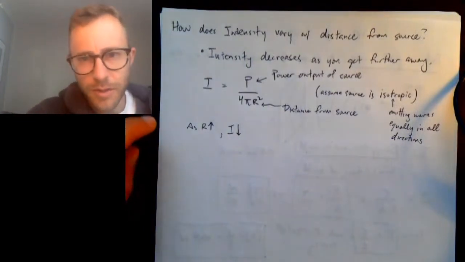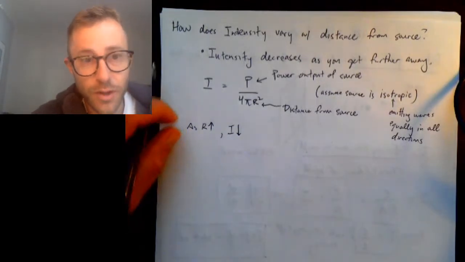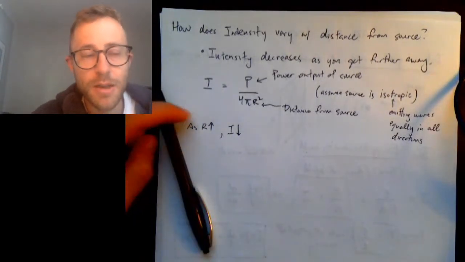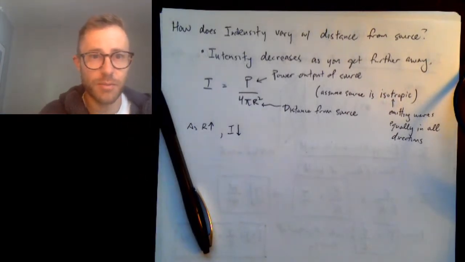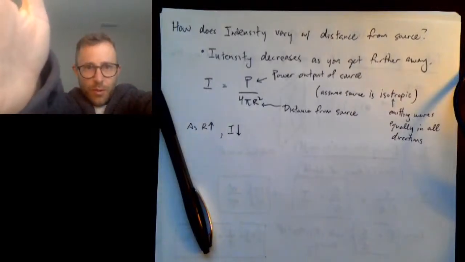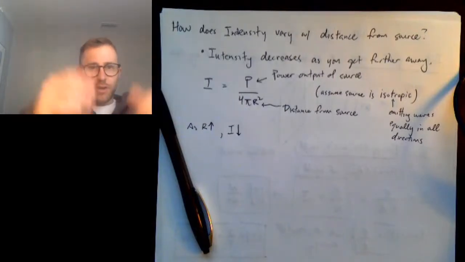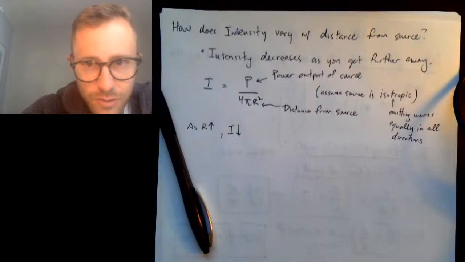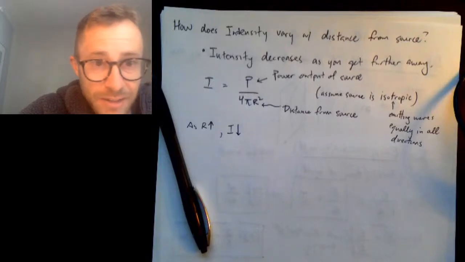So let me give you an example of a non-isotropic source of waves. Okay. Your voice. Your voice is not isotropic because your voice is sending out more waves in the forward direction than it is behind. Okay? So that's non-isotropic. Another example of a non-isotropic source is a laser.